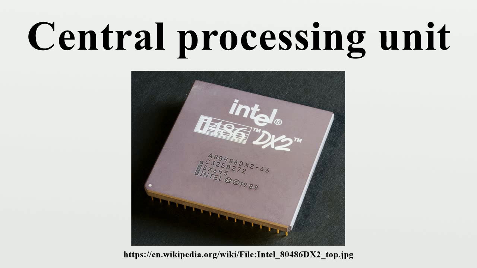Decode. The instruction that the CPU fetches from memory determines what the CPU will do. In the decode step, performed by the circuitry known as the instruction decoder, the instruction is converted into signals that control other parts of the CPU. The way in which the instruction is interpreted is defined by the CPU's instruction set architecture.